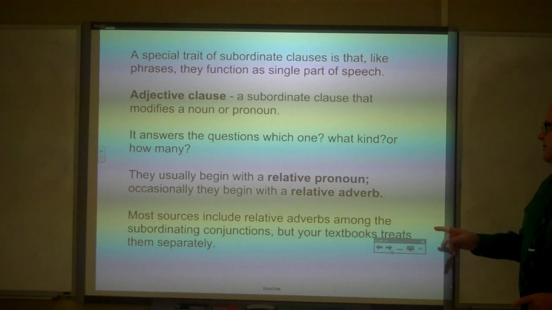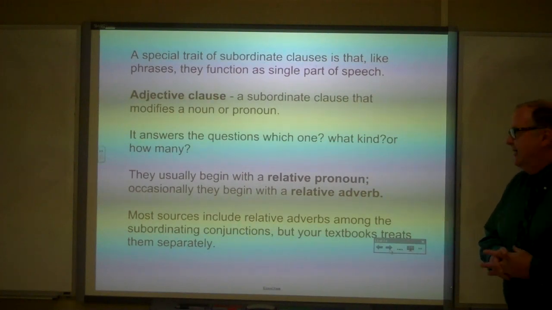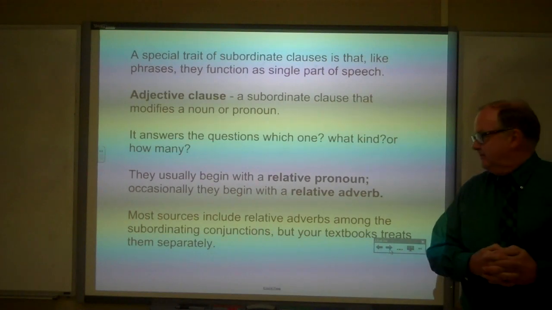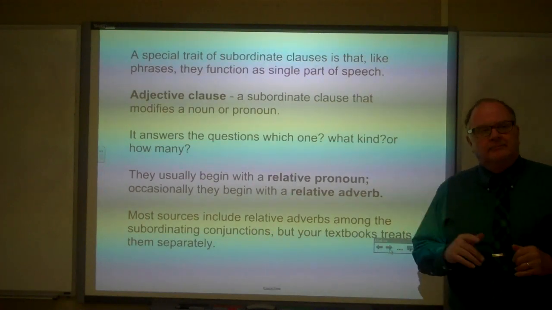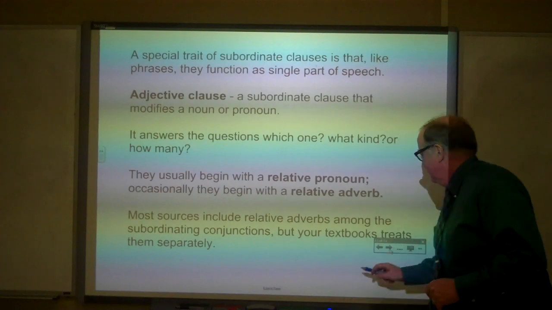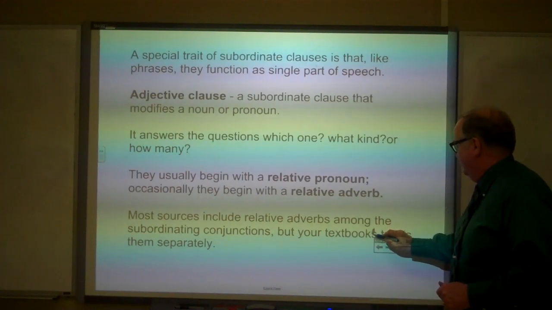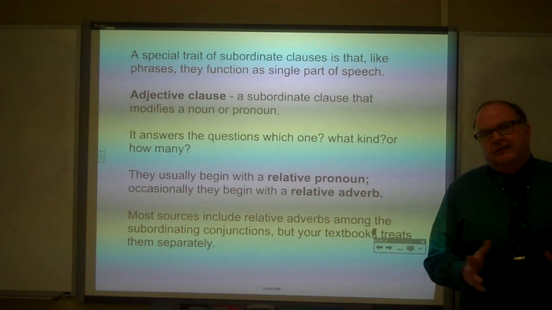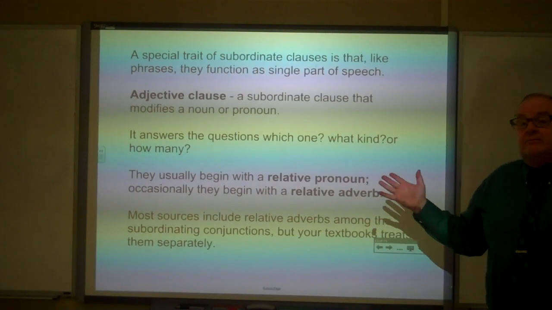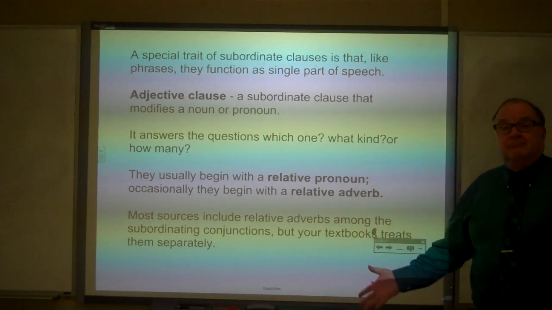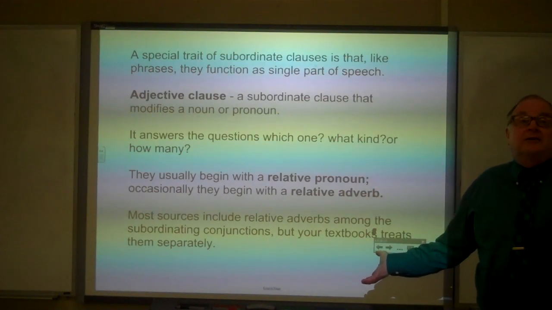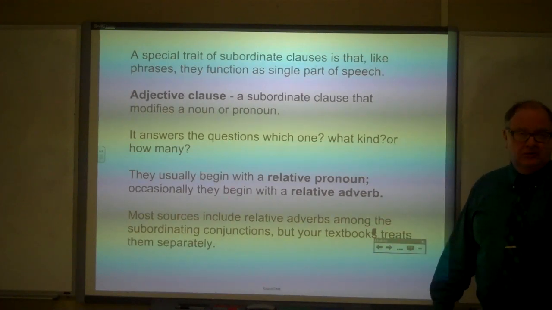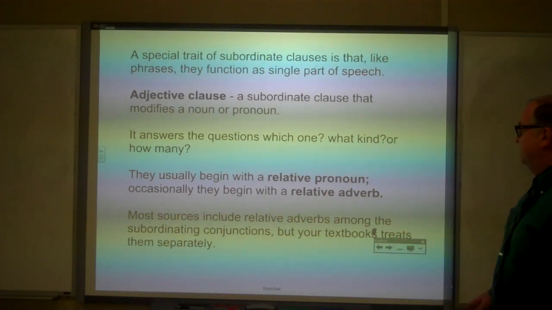Most sources include relative adverbs among the subordinating conjunctions, but your textbook treats them separately. What your book calls relative adverbs, most people will just include as part of the subordinating conjunctions, which you studied last semester.